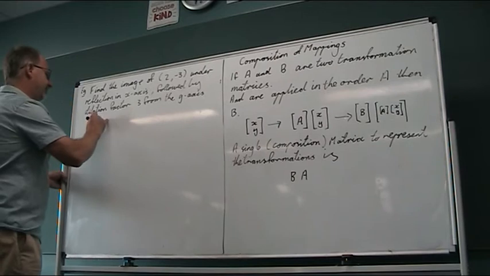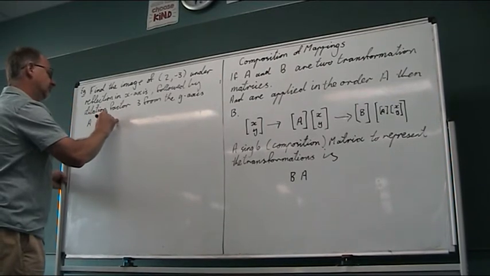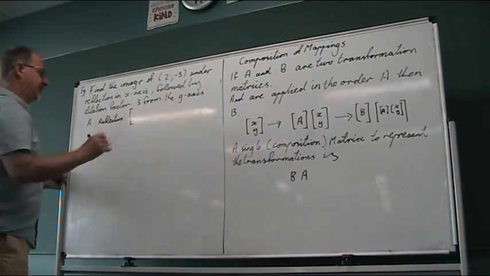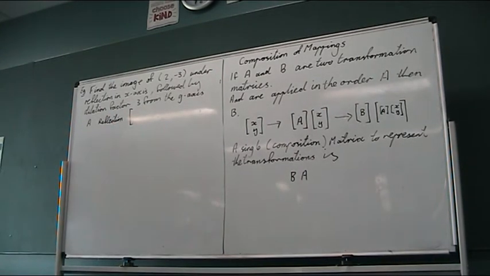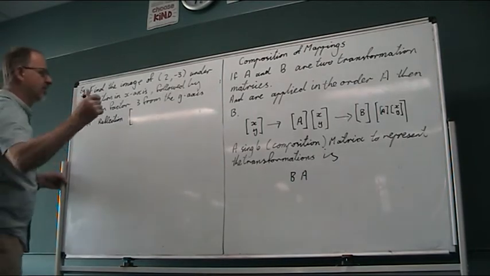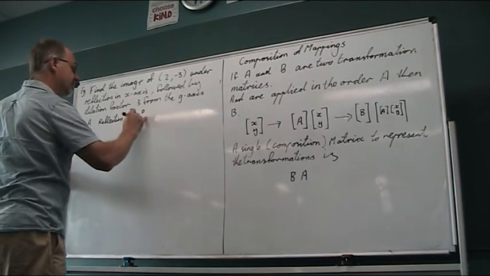Alright, so A is our reflection. So it's a reflection in the x-axis, so reflect in the x-axis, the y changes to negative, so it's 1, 0, 0, negative 1.